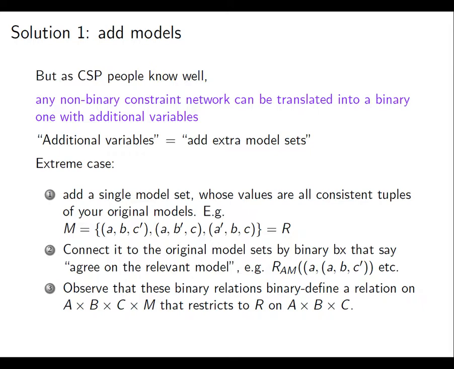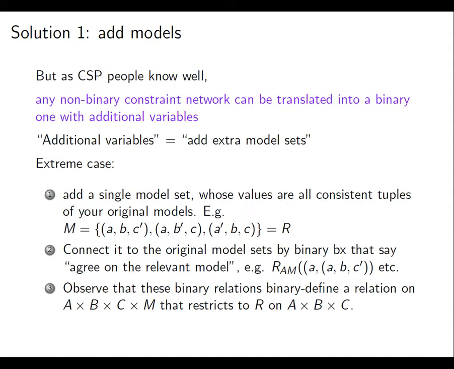And then we can observe, if we wish, that those binary relations do indeed define a relation on that product of 4 model sets that, when we restrict it to the 3 model sets that we were originally interested in, A, B and C, gives us exactly the Multiary relation that we first thought of.